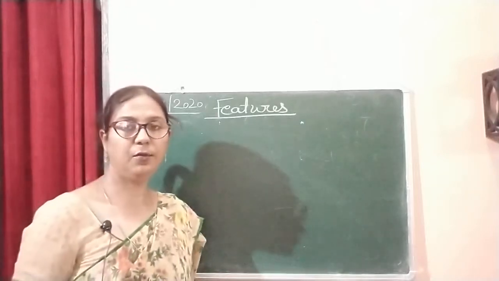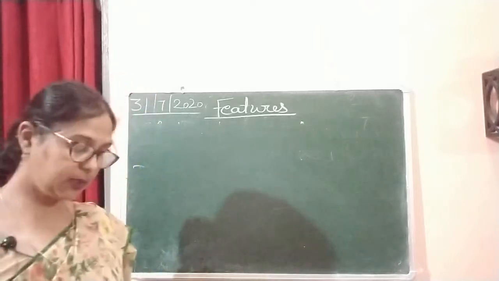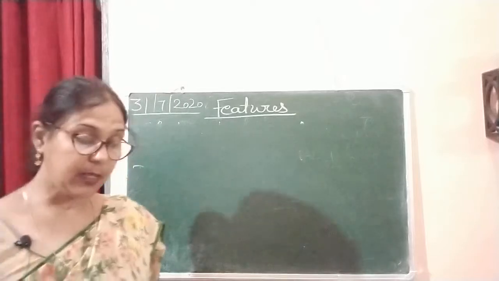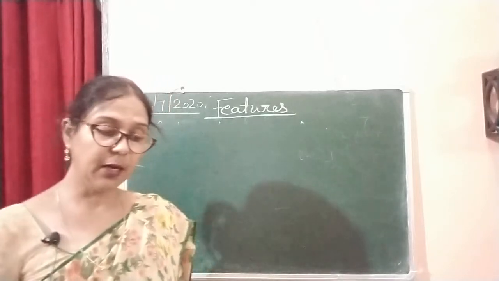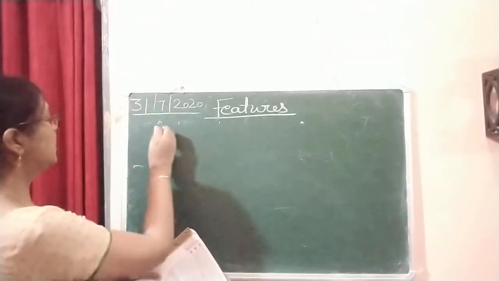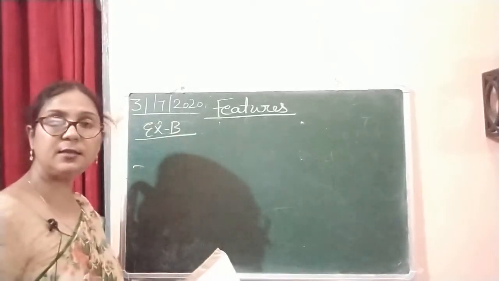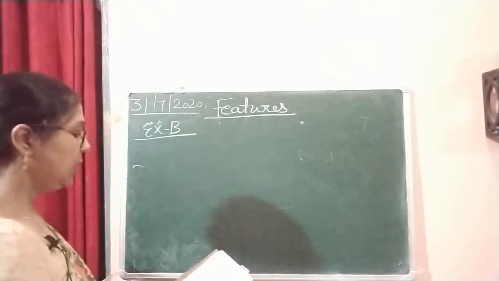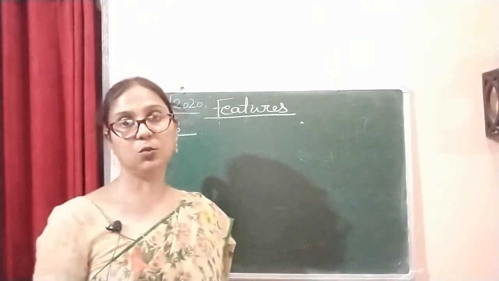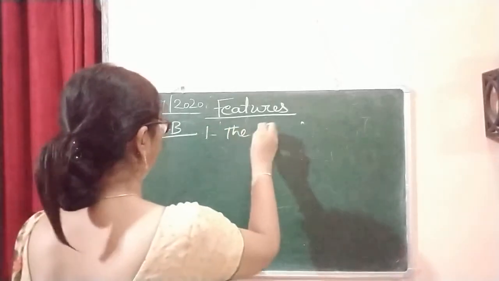On the basis of this, we are going to solve the exercises based on the negative form we have studied. Exercise number B, write these sentences in the negative form. First is, the boy rides a bicycle to school.